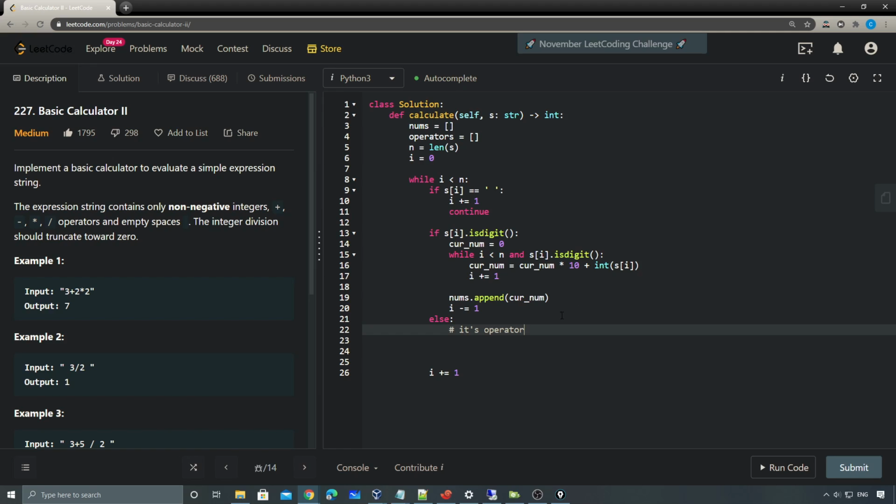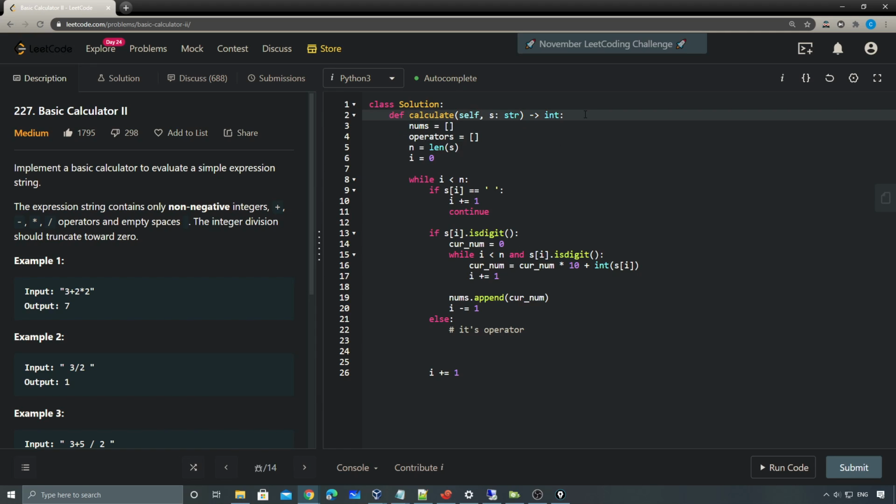Like what we have discussed, s[i] is the current operator, and we just need to compare it with the top one on the operator stack. If the current operator's priority is either equal to or smaller than the top one, then we can keep popping the numbers out and do the calculations.